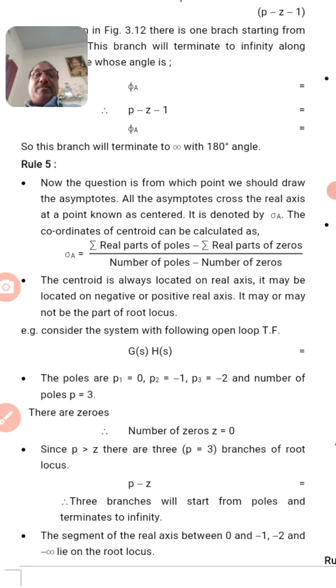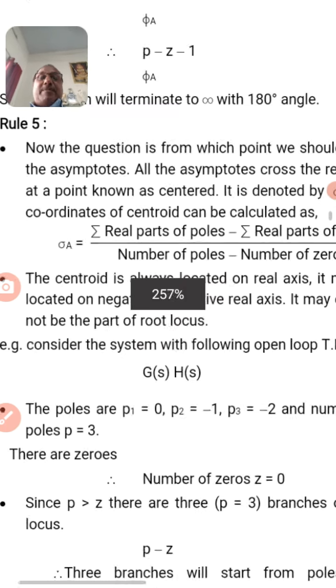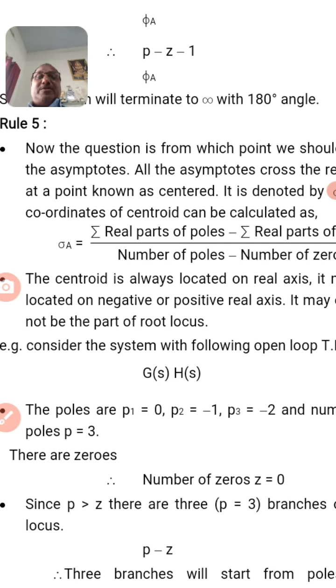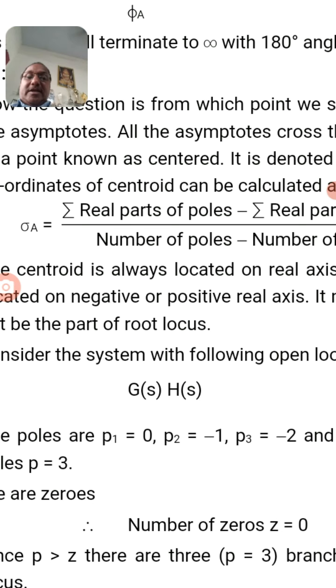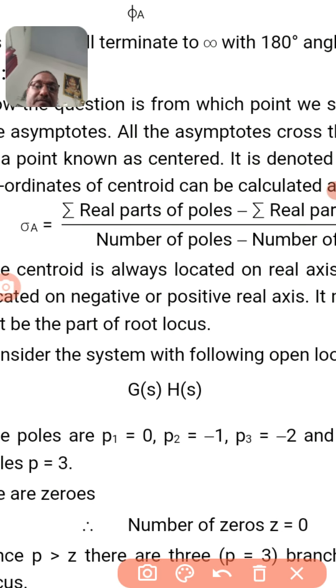Rule 5. The coordinates of the centroid, the real part, are given by sigma a.